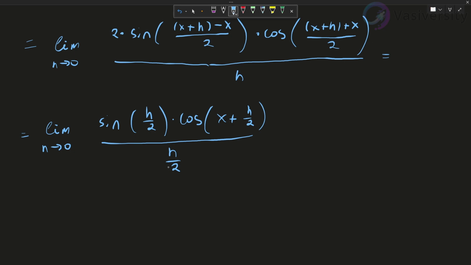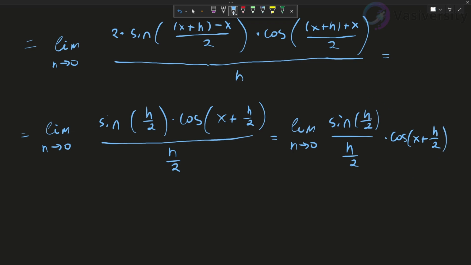Okay, perfect. So now, here is the key thing. We're going to have the limit as h approaches 0 of sine of h over 2 divided by h, times cosine of x plus h over 2.